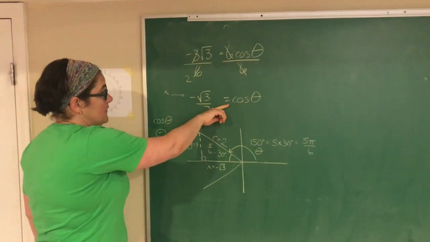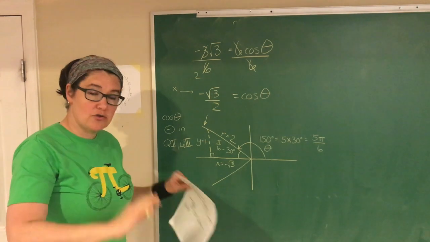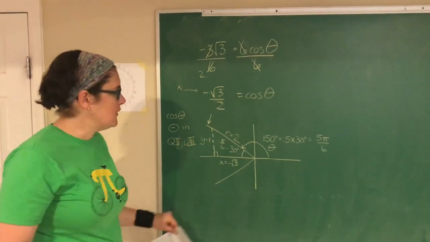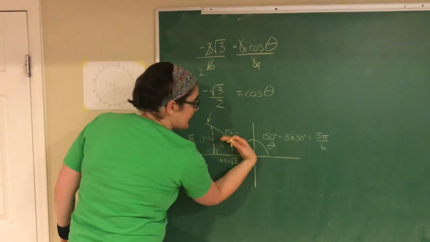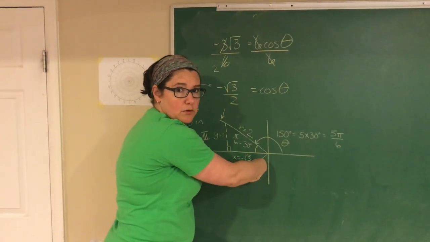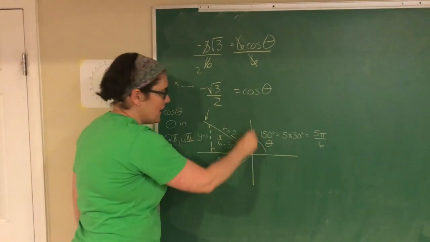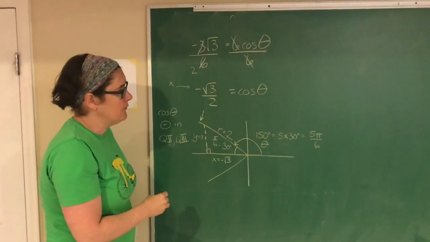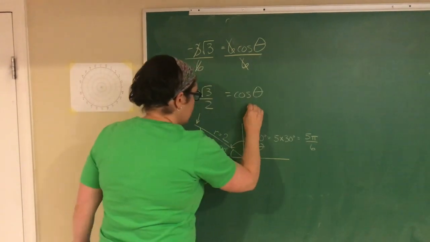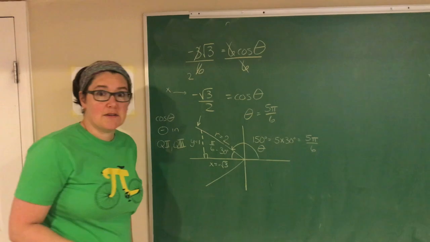So if I were solving this equation, straight up with no context whatsoever, I would have both this angle of 5 pi over 6, and I would also have this angle down here, which would be 7 pi over 6, but I don't care about that angle because we only care about the picture in quadrant 2. So our angle will be theta equals 5 pi over 6.